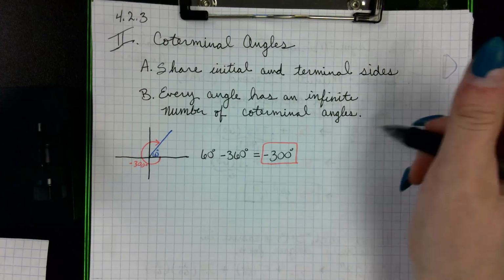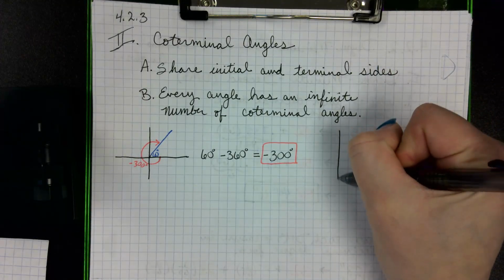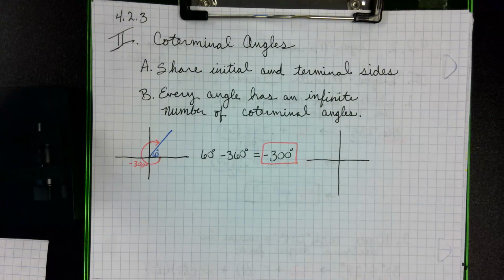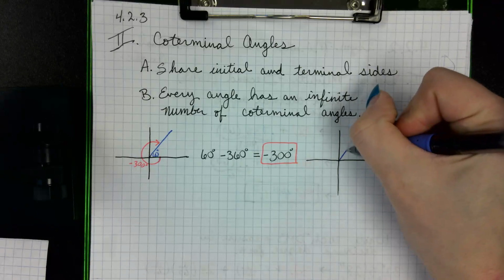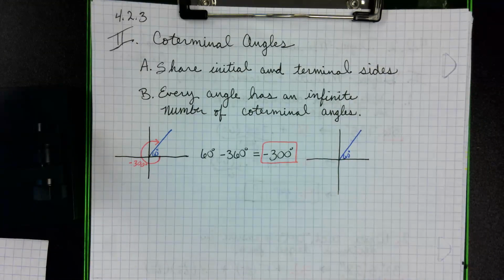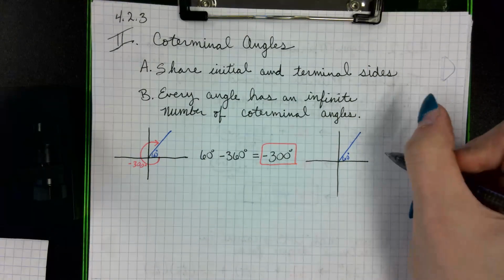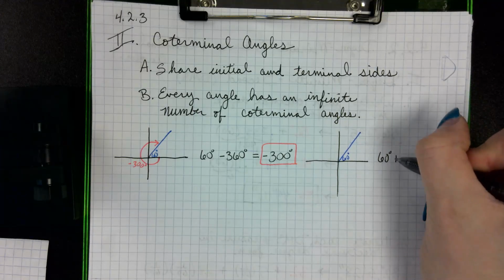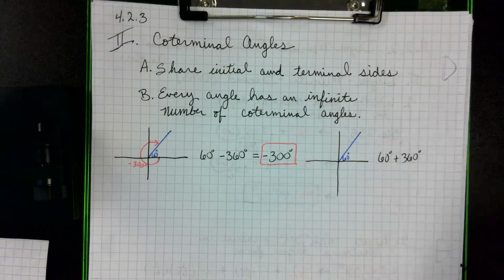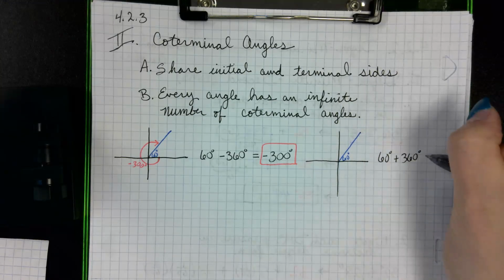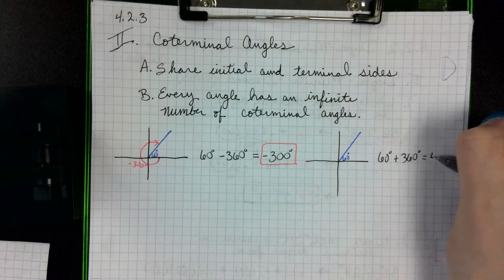And another one. Again, I'm going to draw a 60-degree angle. If I wanted a positive coterminal angle, I would start at 60 degrees, add a positive 360, so go around one whole time, and it should be 420 degrees.